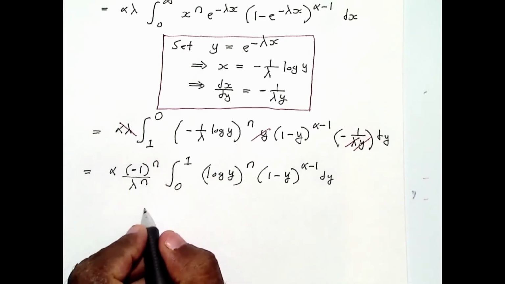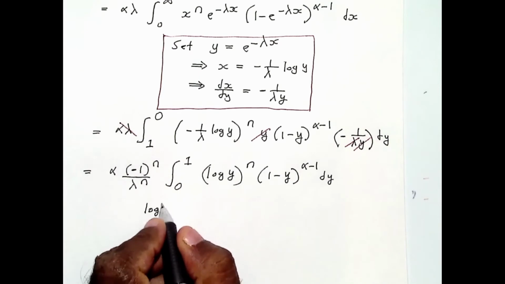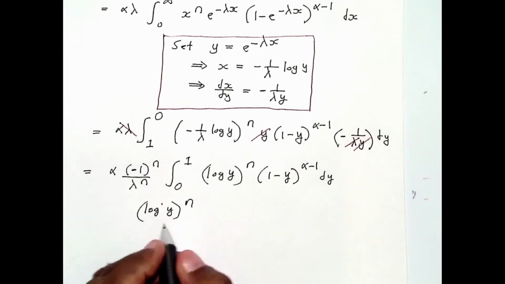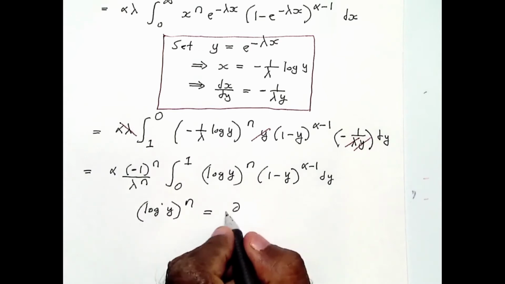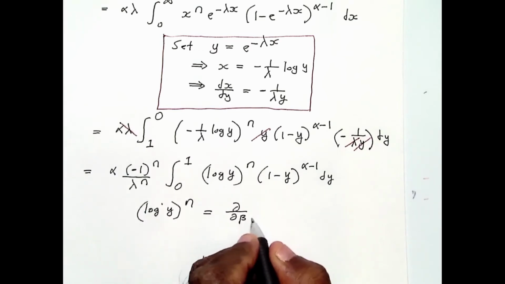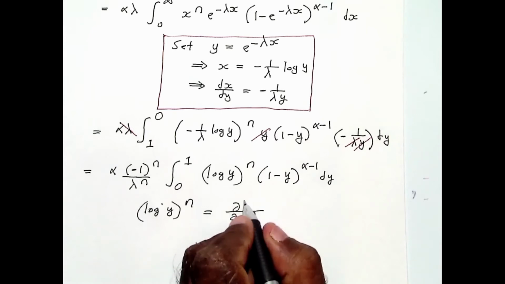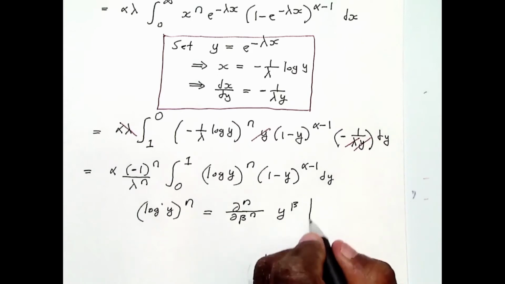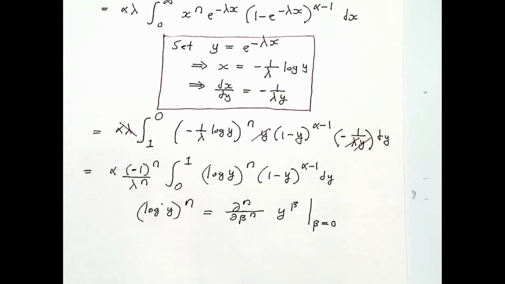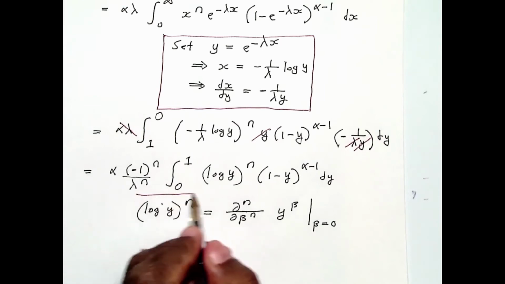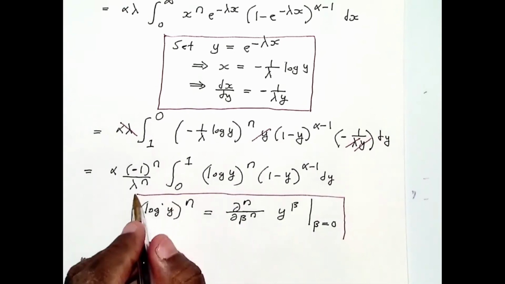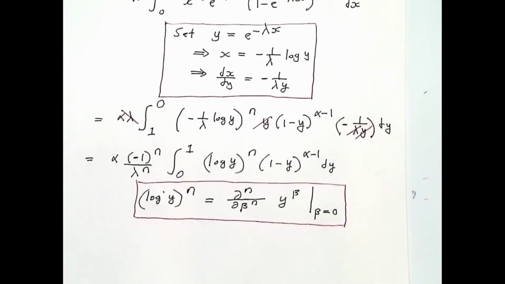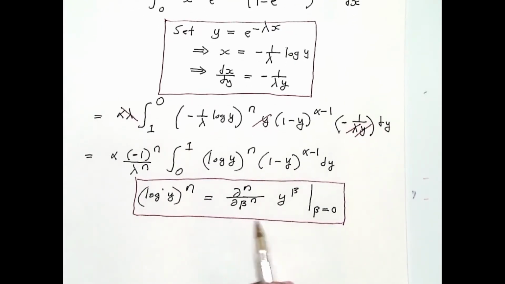The differentiation trick says that anything of this form can be written as this. I did a video on this, so you should look at the course website. You'll see there's a video on this trick.